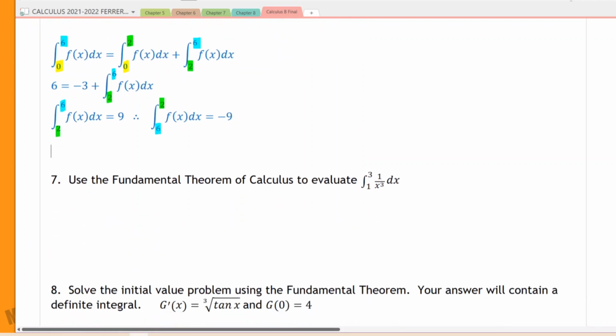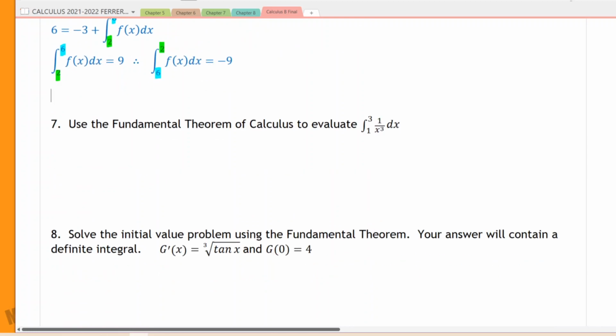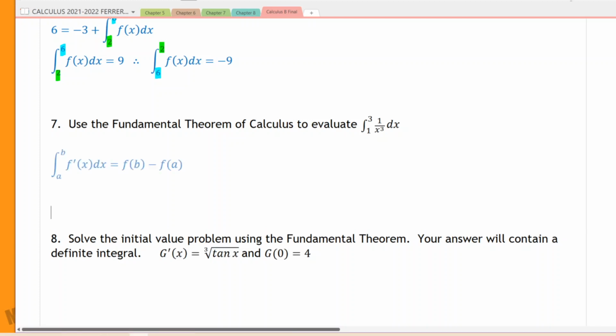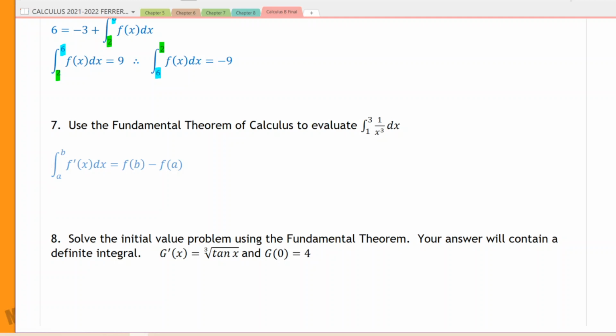Number 7 says, use the fundamental theorem of calculus to evaluate the integral from 1 to 3 of 1 over x cubed dx. So what fundamental theorem of calculus are they talking about? Well, they're talking about this fundamental theorem of calculus, which is the basic one, the integral of a derivative.